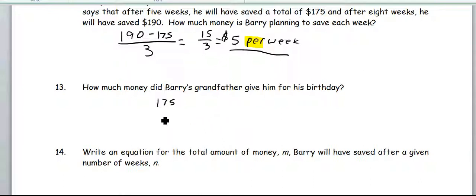Well, if he saves $5 per week and it was 5 weeks, 5 times 5 is 25. So if we subtract what Barry put in, so we're going to take out Barry's allowance part. So take out the part that Barry contributed.